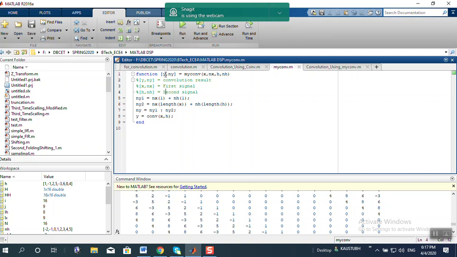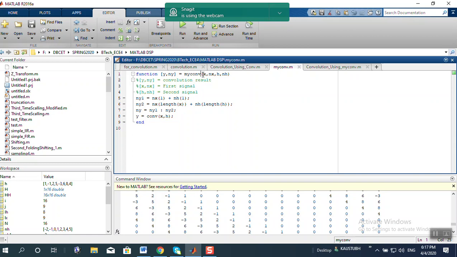Here I am giving 2: y for my convolved signal, and ny, the time index, the time scale for the convolved signal. It may be a single value or a vector, but if it is more than one output argument, it has to be within square brackets, and then equal to the name of the function. It is just a name, any name you can put. I am just giving conv.